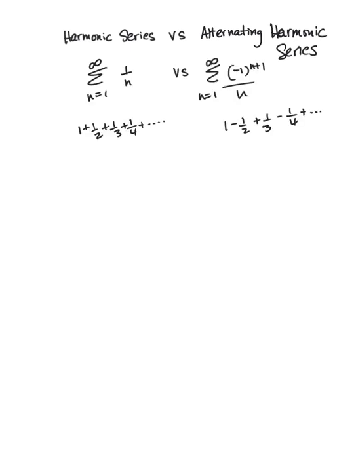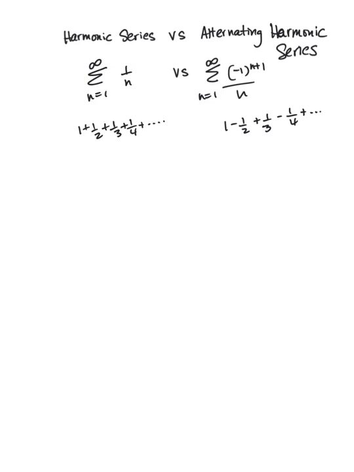I wrote down the two series for you to remind you of what they are. You should copy them again because it's extremely useful. It's a good nerd fact that you want to know.